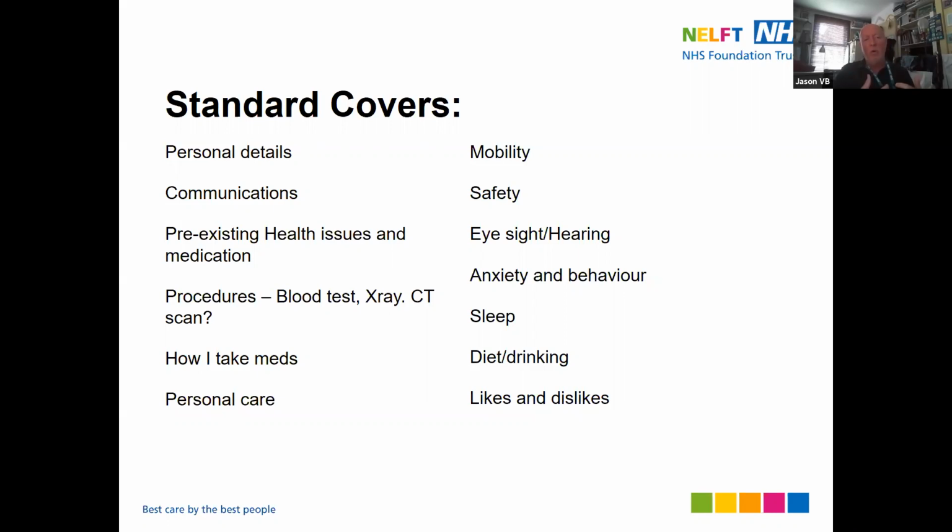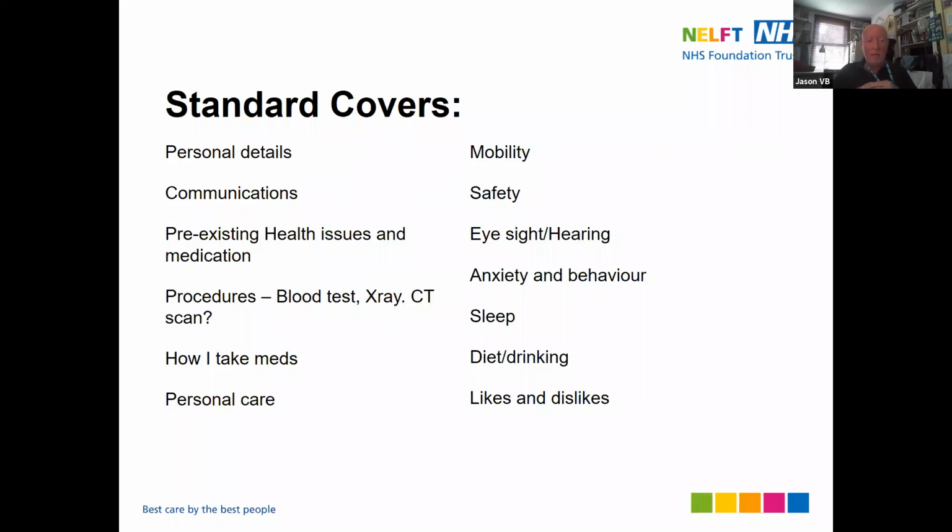We do a lot of work on trying to support families to get into these things. And it's really useful for a care team to know that if you start trying to put a needle in someone, they're just going to go completely up the wall, and you need to make sure that people understand that. A lot of people are fine with it, other people aren't.